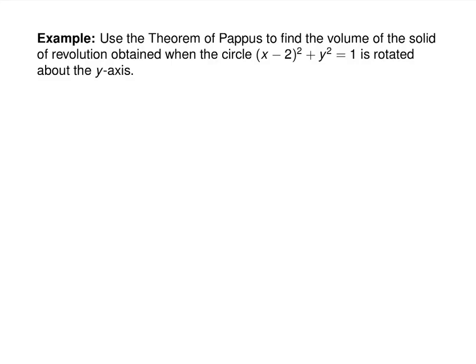So here's an example where using this theorem makes it very easy to find a volume. Suppose you rotate the circle x minus 2 squared plus y squared equals 1 about the y-axis. Circle of radius 1 centered at 2, 0.